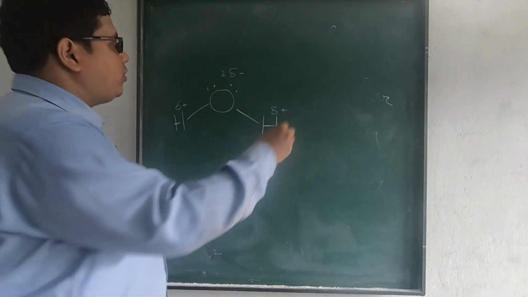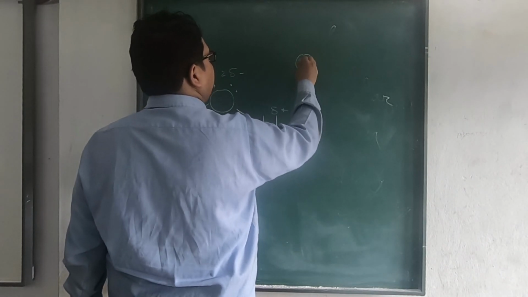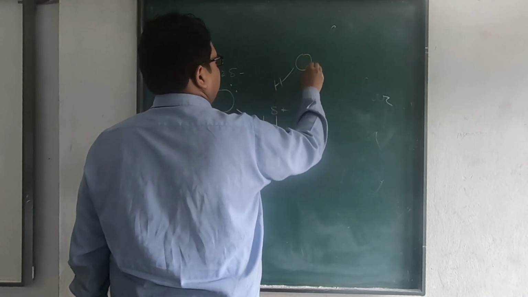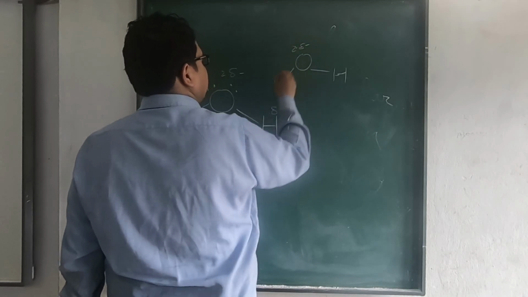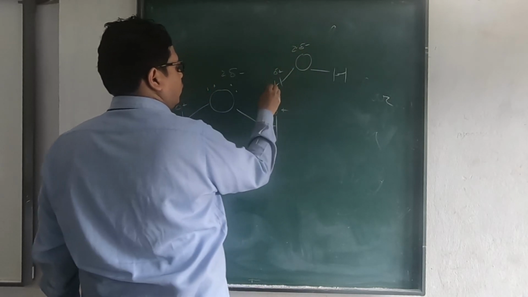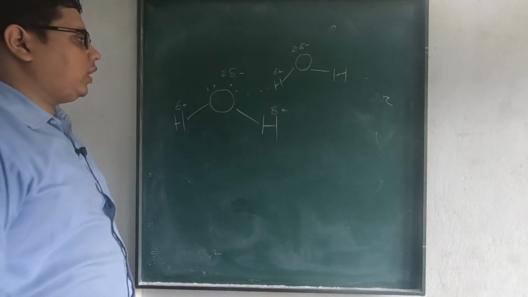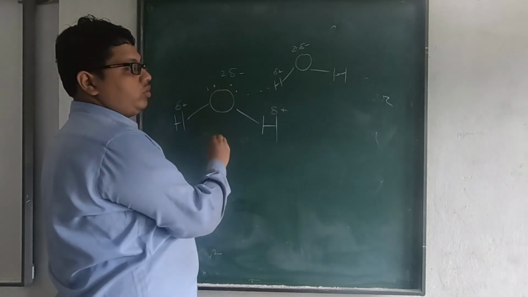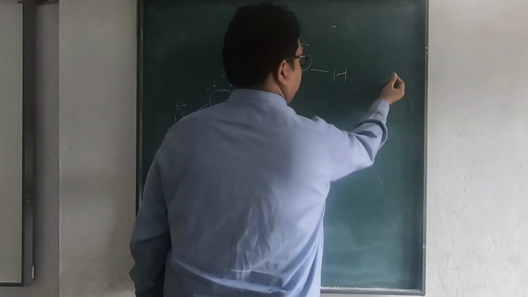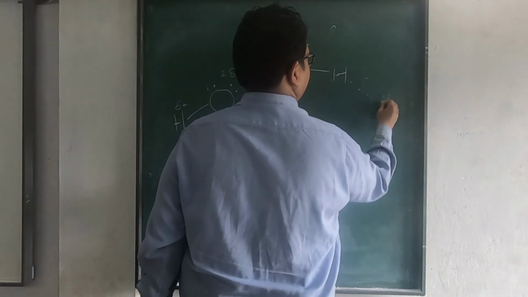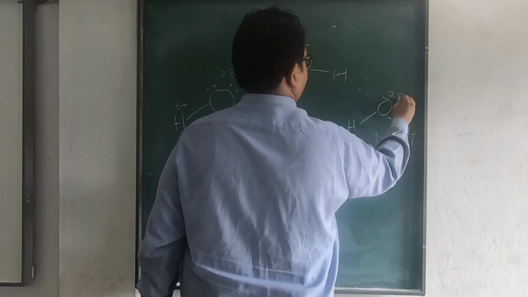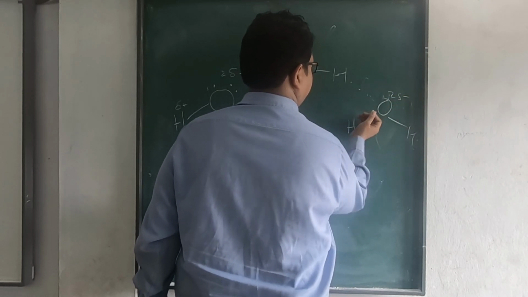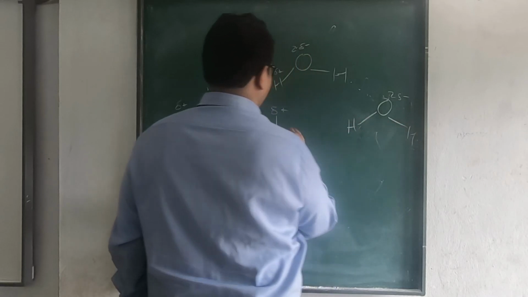So what will happen if there is another molecule of water? This hydrogen will be attracted by this oxygen, and there will be another one, and this oxygen is attracting the hydrogen of this, and so on and so forth.